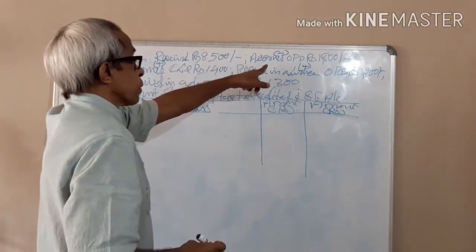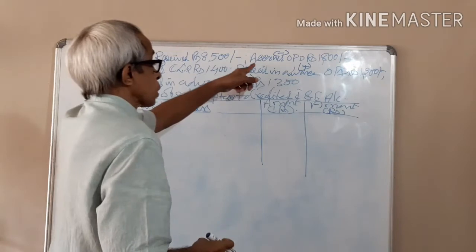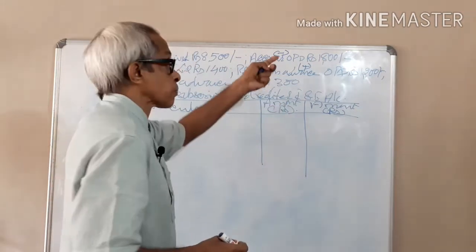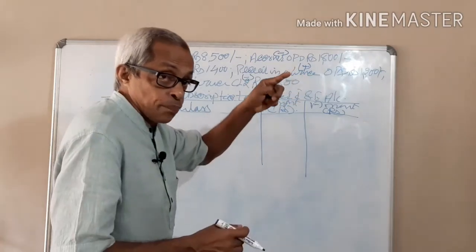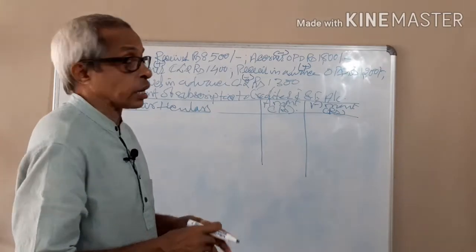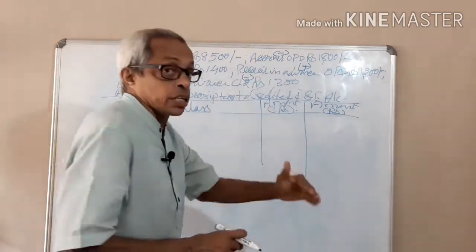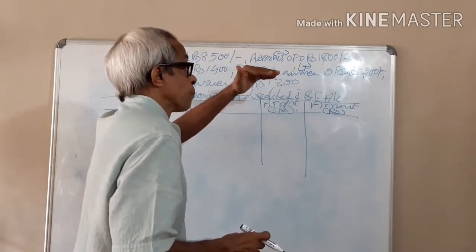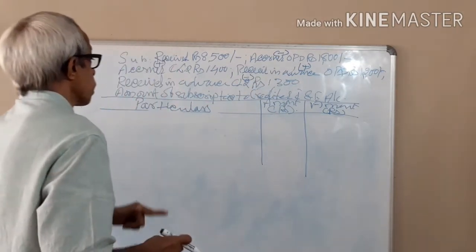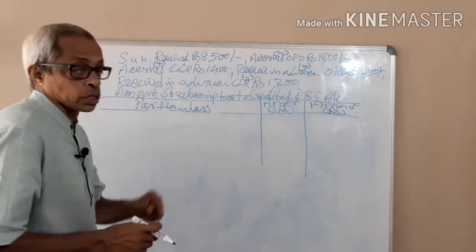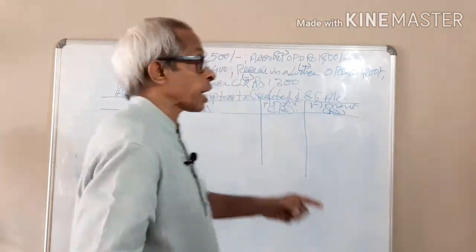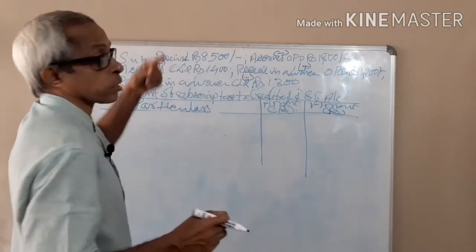So, first amount to be deducted is subscription accrued on the opening date. Subscription accrued on the opening date means subscription accrued on the previous year, but the amount has been received during the current year. That amount so received does not belong to the current year. Therefore, that much amount should be deducted. And the subscription accrued on the closing date means subscription accrued of the current year. That amount should be added to subscription received.